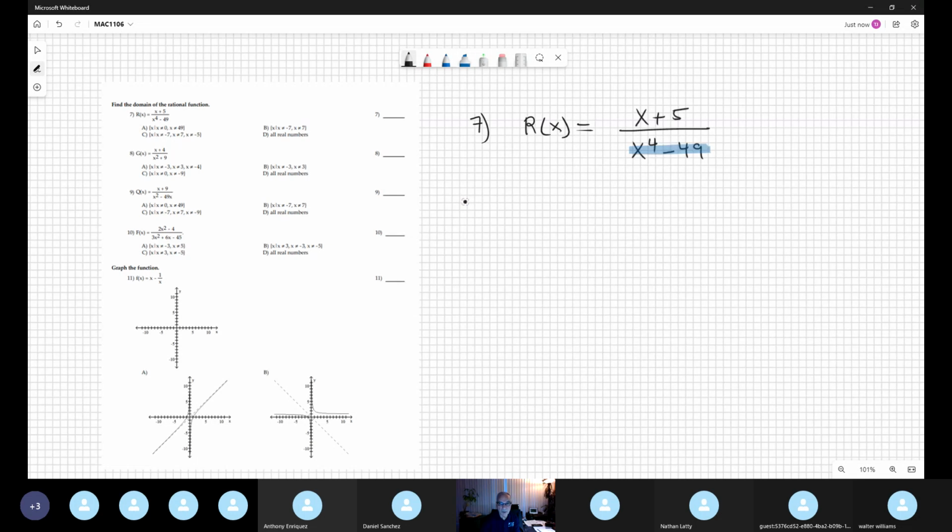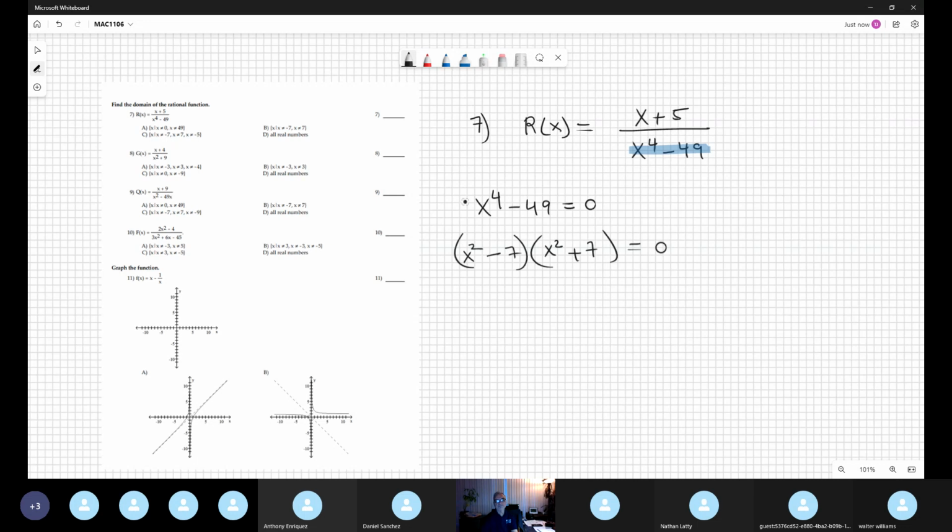So you take x to the 4th power minus 49 equal to 0, and you solve this equation. This equation is degree 4. Now we are supposed to have 4 solutions, but not necessarily 4 real solutions. The easy way to solve this is by factorization. You realize that this is a difference of squares. And the square root of this guy is x squared, and the square root of this guy is 7, plus and minus.